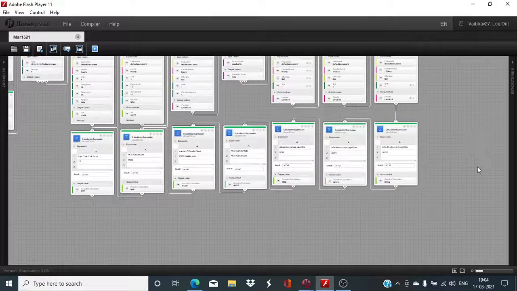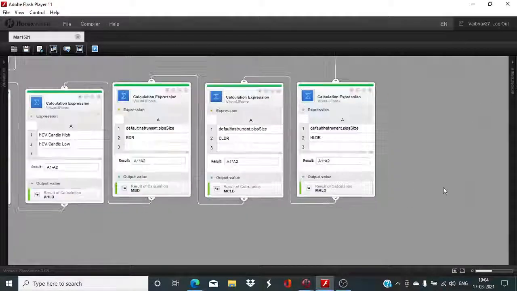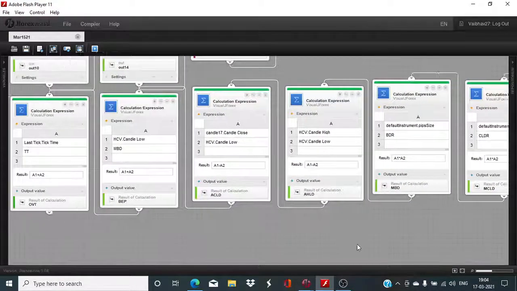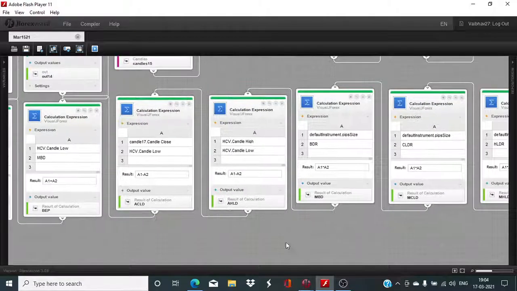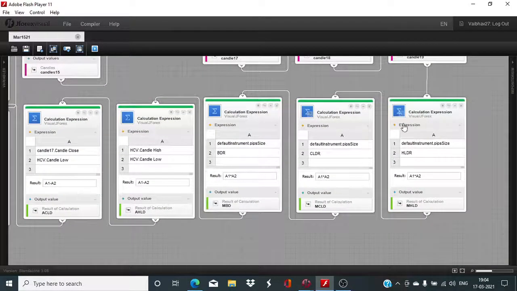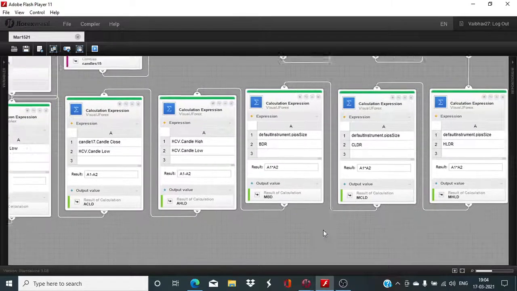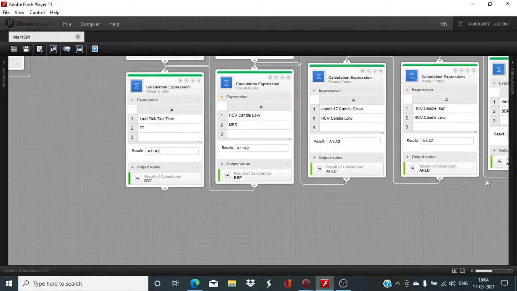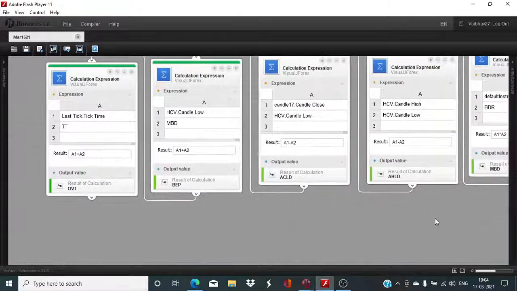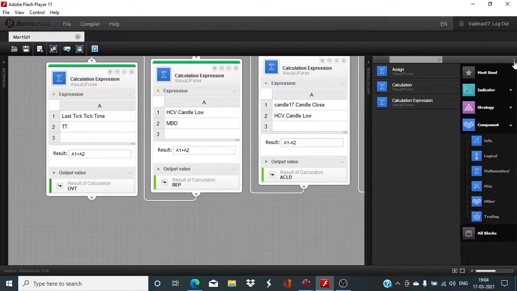So let us now again come back to the Visual JForex board. We have these predefined variables which we will use as set values, which we will then compare to the actual values. And for deriving actual values, we will have to carry out new calculations.